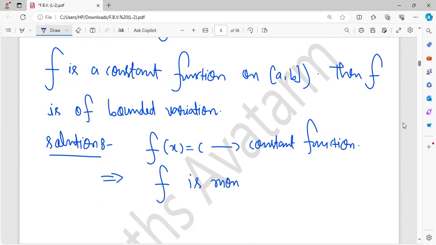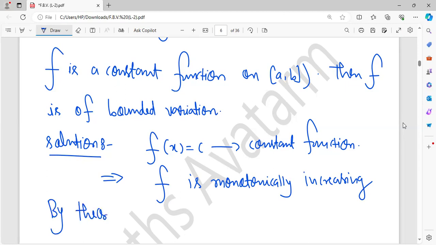So I am saying it monotonically increasing. You can write monotonically decreasing as well, of course. So by theorem, f is a function of bounded variation.